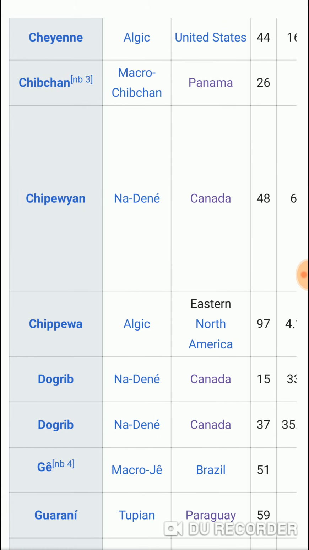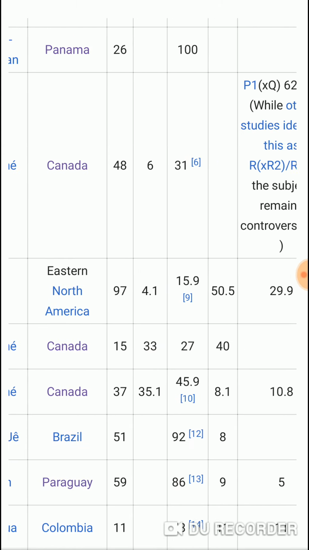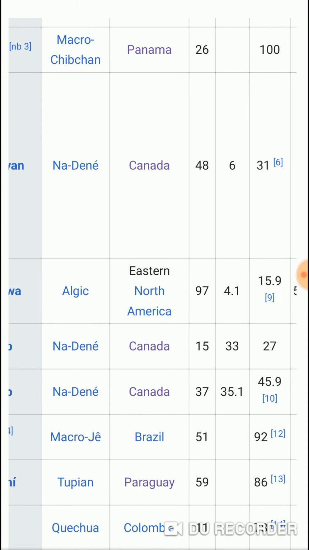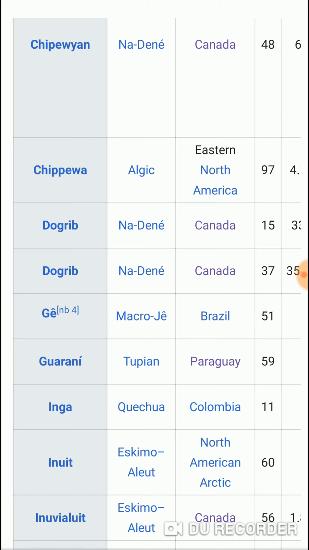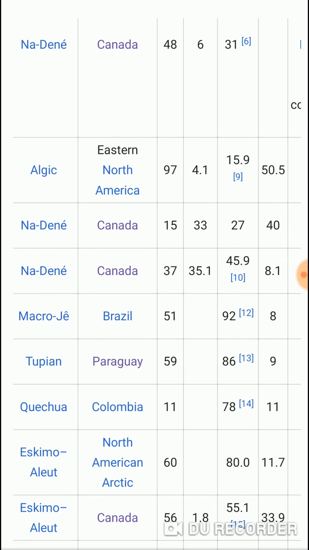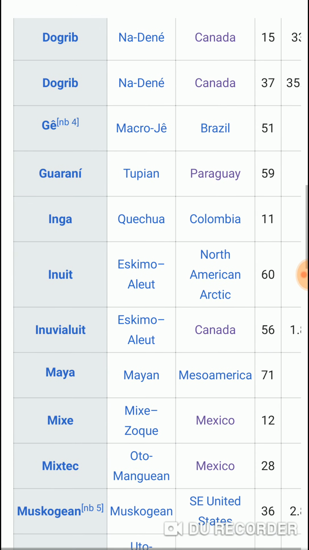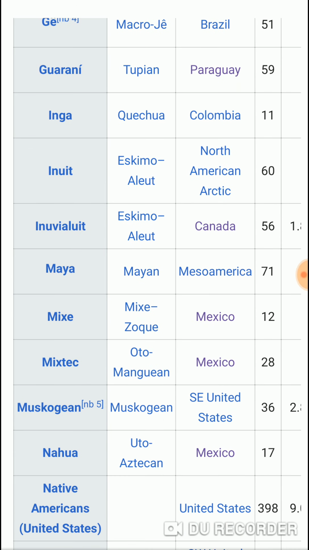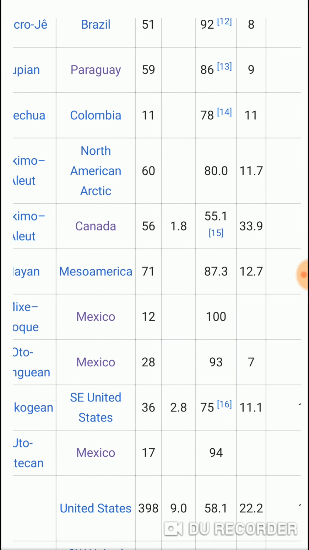The Chippewa, R1. And now we're going to just get into a few others. A group from Brazil, G, 92, Q. The Mexican groups of Native Americans, Q again.